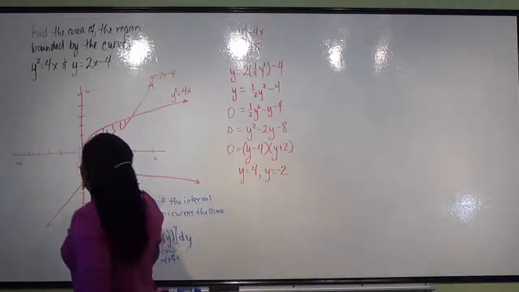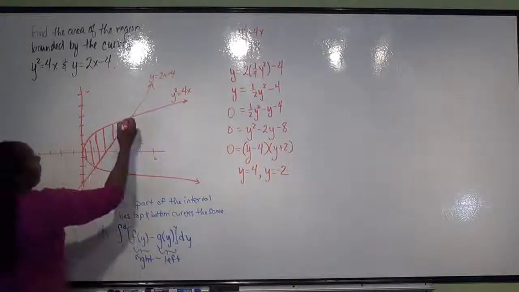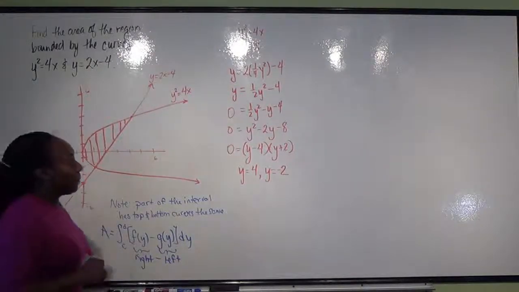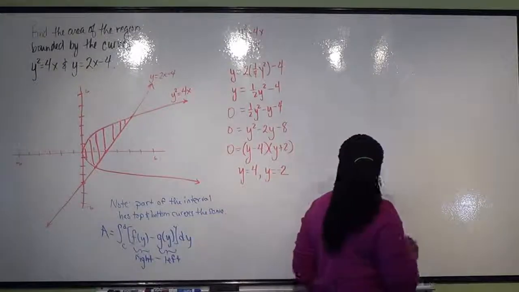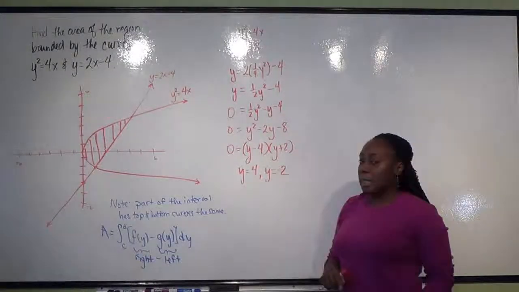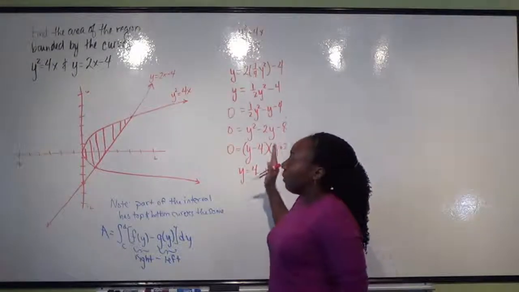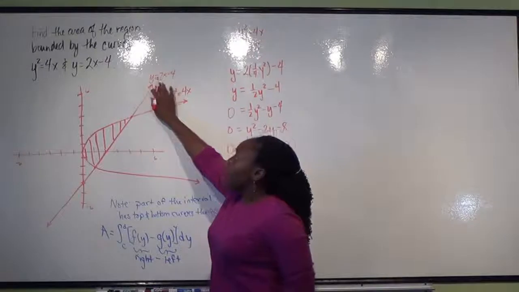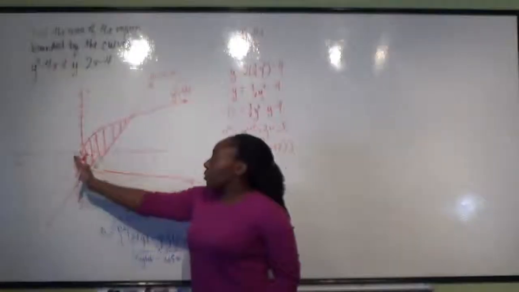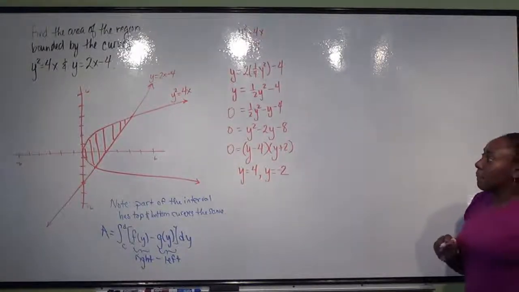If I look down here on my graph, that's about at y equals -2, and up here this intersection point is about at y equals 4. Okay. So there's my limits for my integral. Those are going to be my c and d. And again, if I look, my rightmost curve turns out to be my y equals 2x minus 4. And my leftmost curve turns out to be my y squared equaling 4x.